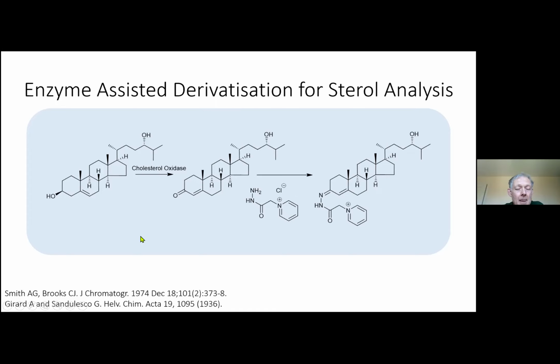So most oxysterols have this 3-beta-hydroxy-5-ene function, and you can convert the 3-beta-hydroxy-5-ene to a 3-oxo-4-ene using cholesterol oxidase enzyme. So you just buy the cholesterol oxidase enzyme and you can convert the 3-beta-hydroxy to a 3-ketone.